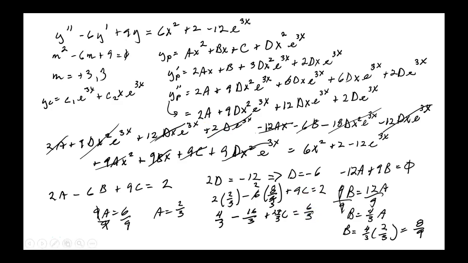All right, wipe out your 3's, and you get 27c is equal to 6 plus 16 minus 4, which I think is going to be 22 minus what?